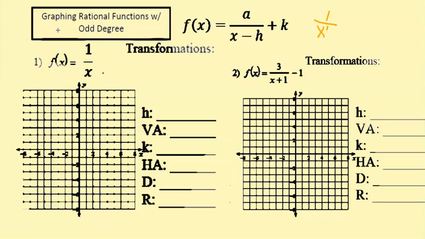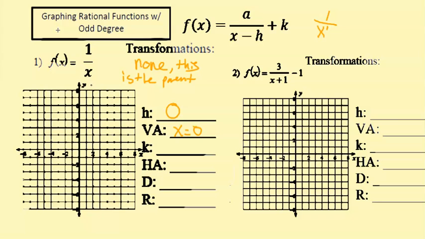We have 1 over x. There's no transformations for the parent because this is the parent. Your h value, there's nothing being added down here to x, so it's just 0. So your vertical asymptote is at x equals 0 because you couldn't have x equals 0 for it to be defined.